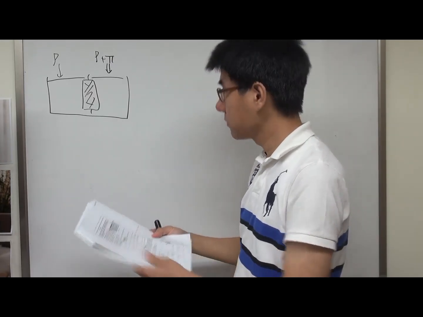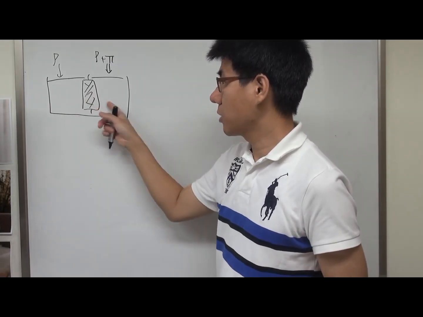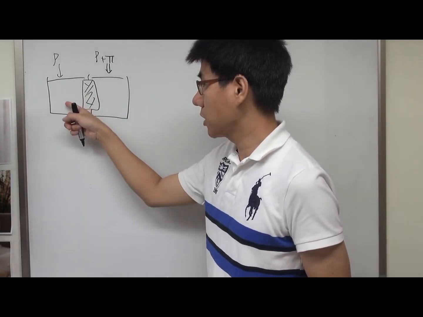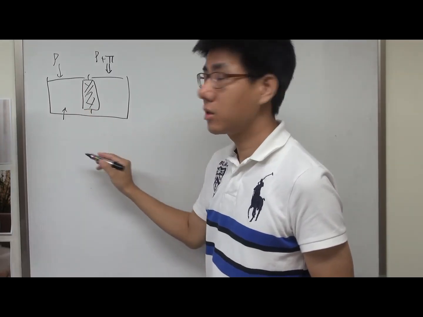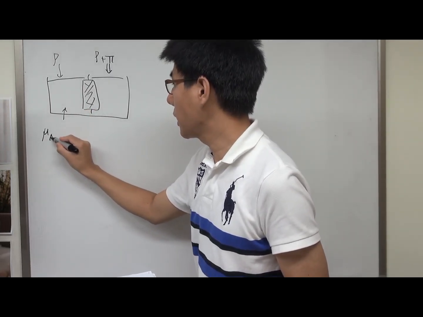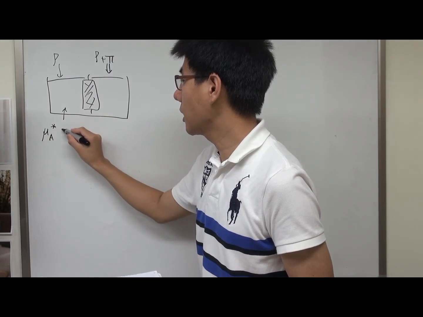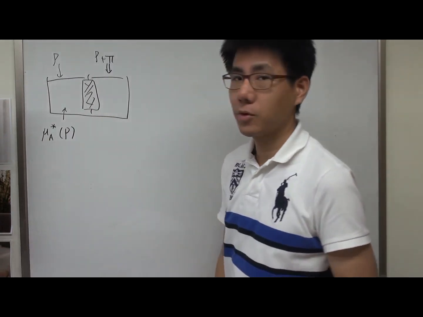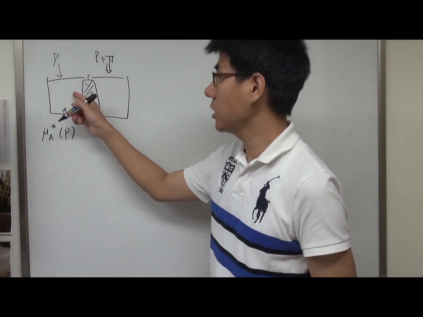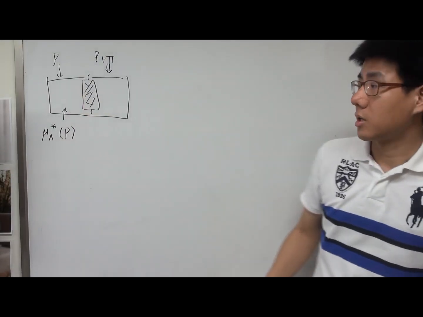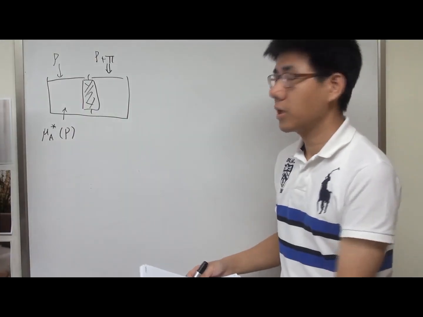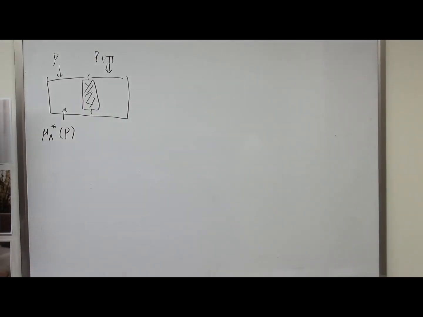So, at equilibrium, chemical potential should be the same. The chemical potential of solvent A on this side would be mu A star at pressure P. Since there is only pure solvent on the left side, we put a star.